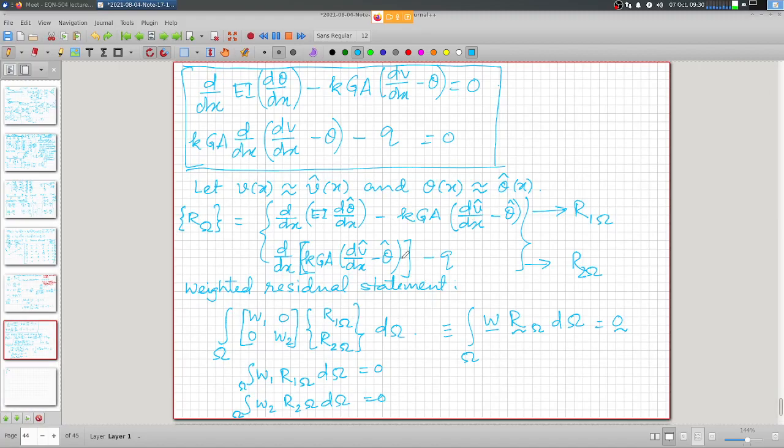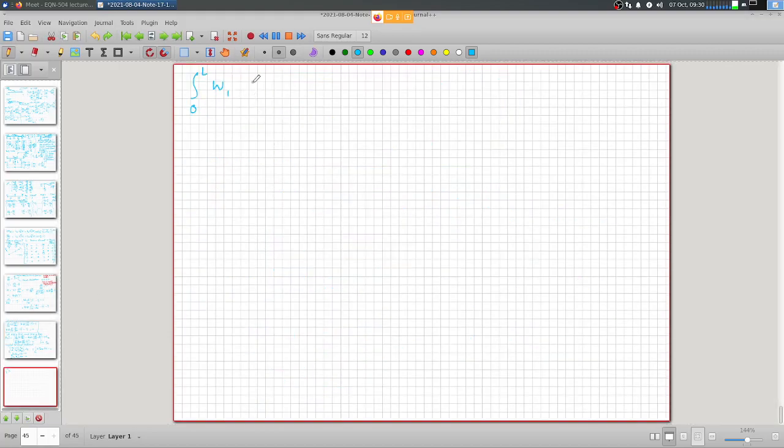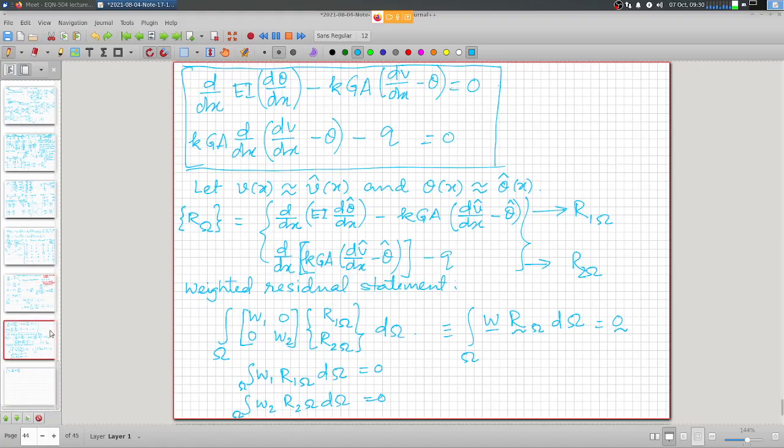the moment and shear relationship, minus kGa dV by dx.